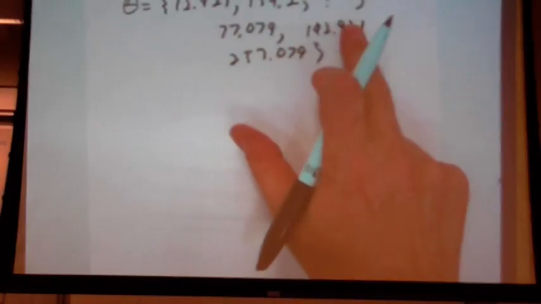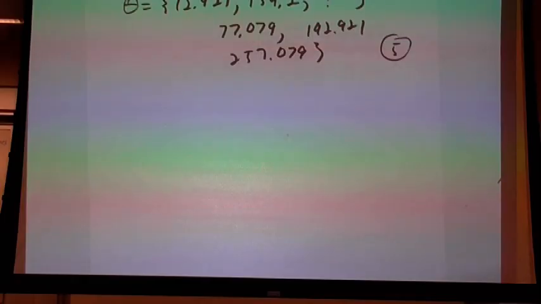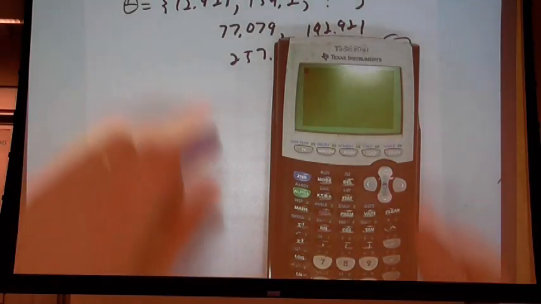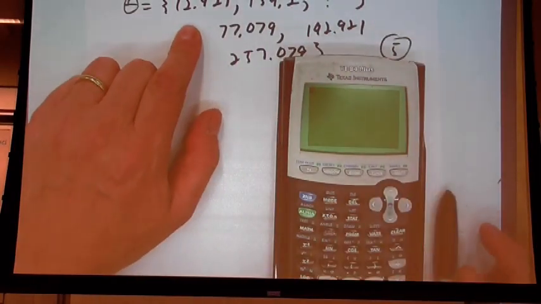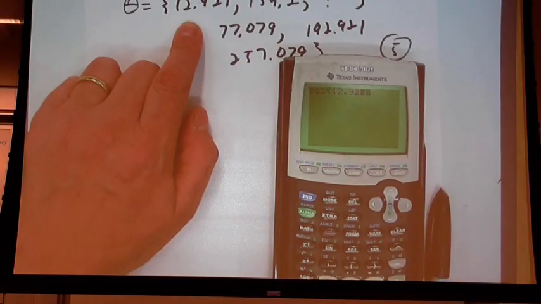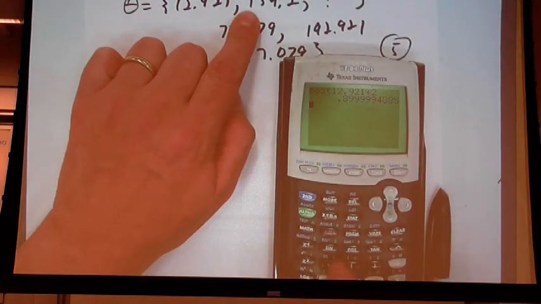1, 2, 3, 4, 5 maybe. All right. Now, I don't usually do this, but let's just give it a shot here. Let's say cosine 12.921 times 2. Yeah, that's pretty close, right? Cosine of 154.2 times 2.